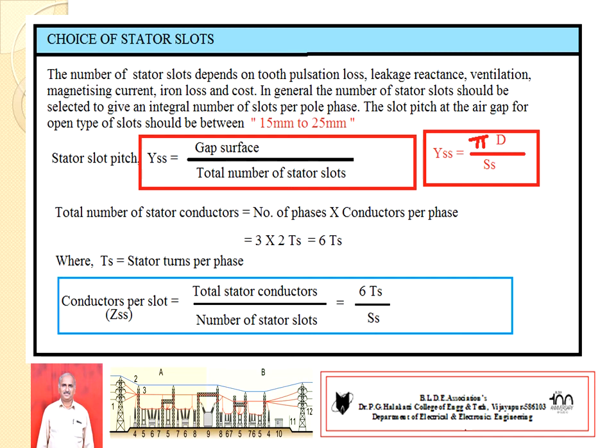Number of phases is 3, conductors per phase is ZS. One conductor equals 2 turns, it becomes 6 TS, where TS is stator turns per phase. Hence, conductors per slot equals total stator conductors divided by total number of stator slots. It must be equal to 6 times TS divided by SS.